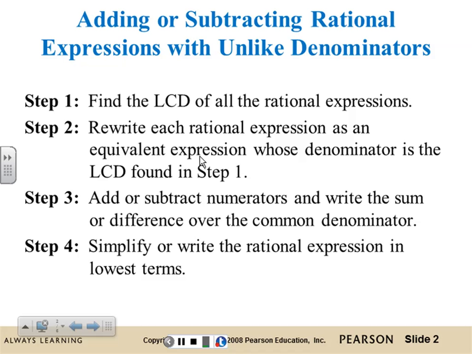We use a factor of 1, something over itself, whose denominator is the least common denominator found in step 1. Step 3, you're going to add or subtract, because at this point we have a common denominator, so you're going to add or subtract your numerators, write the sum or difference over that common denominator, and then we're going to simplify or rewrite the rational expression in lowest terms.